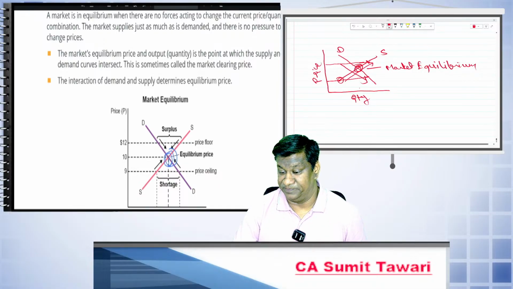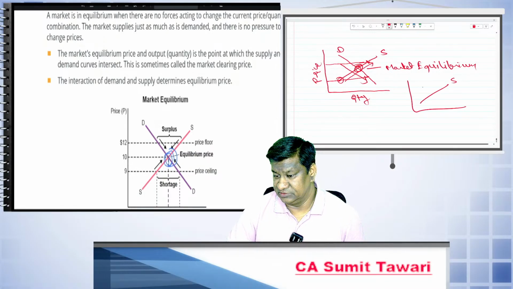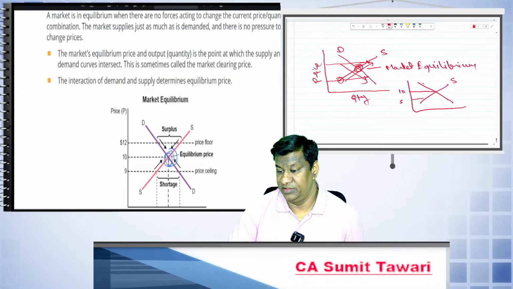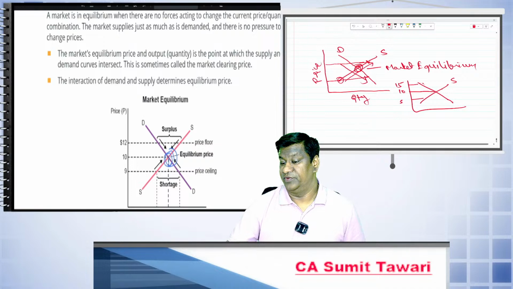You can take an example, like supply and demand. You can consider this price is 5, this price is 10, and this price is 15.